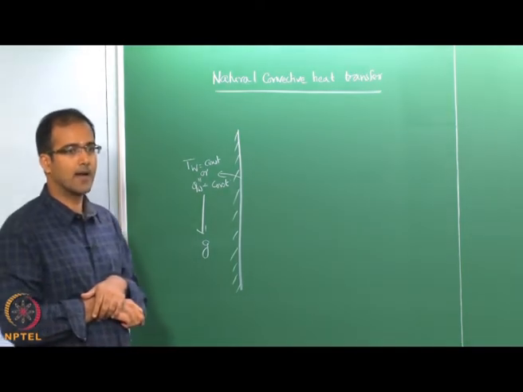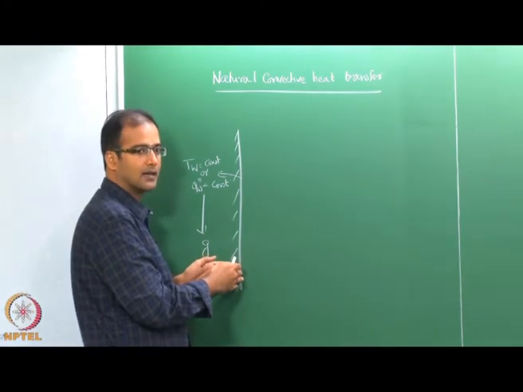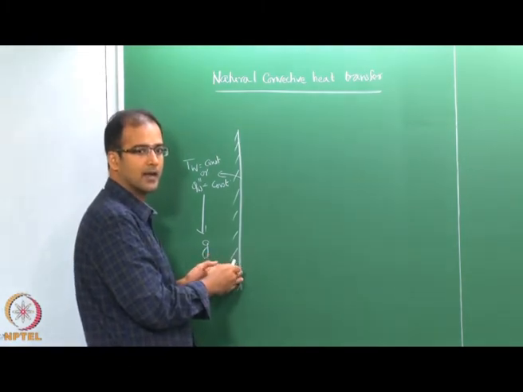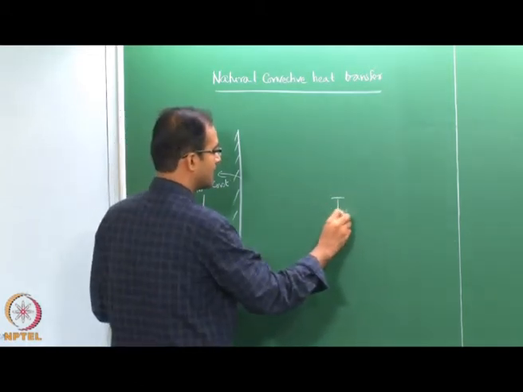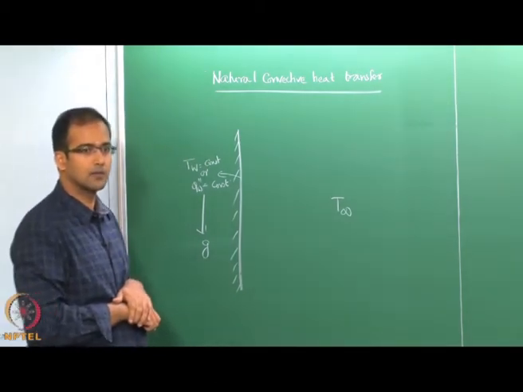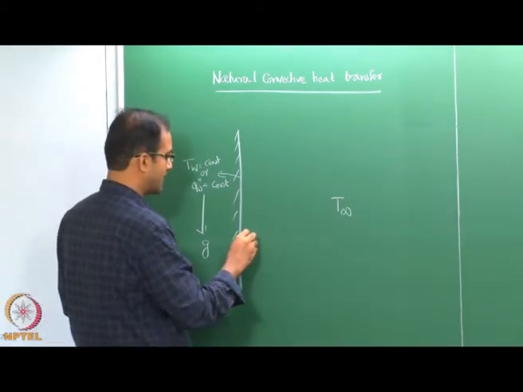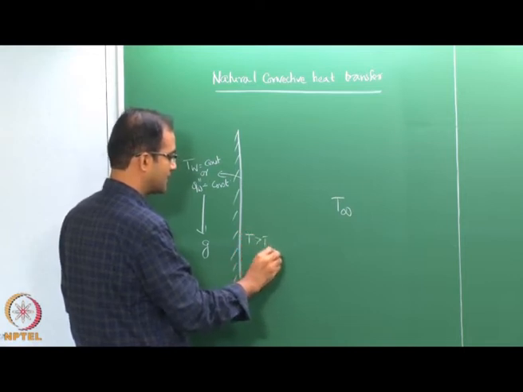Now, naturally what happens is that the fluid layer which is in contact with this plate will be at a higher temperature compared to the ambient, since you are heating the plate. So, let us assume the temperature of the ambient to be T infinity. Therefore, the fluid layer will be at some temperature T which will be greater than T infinity.